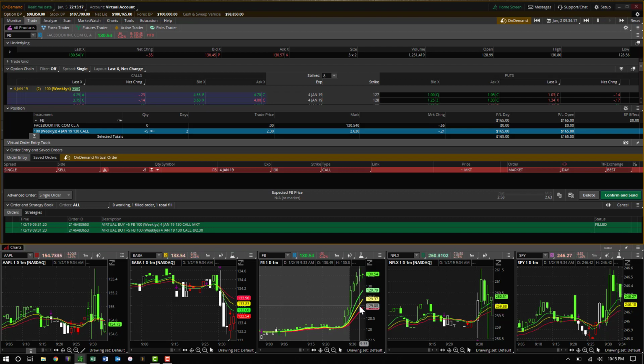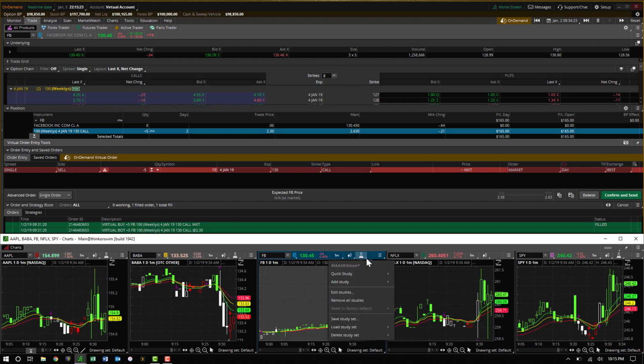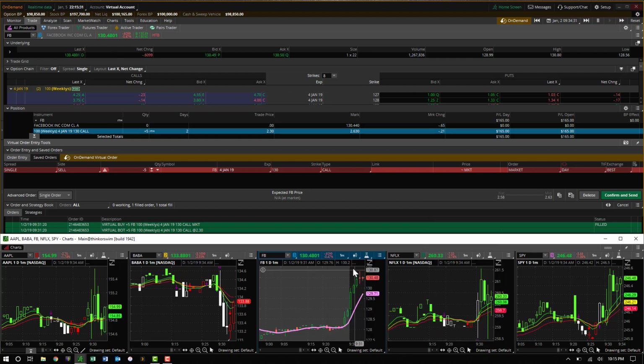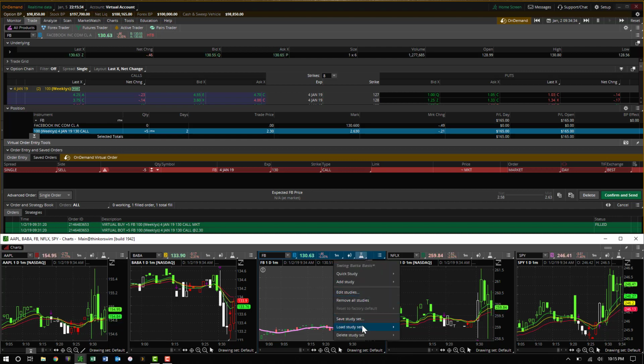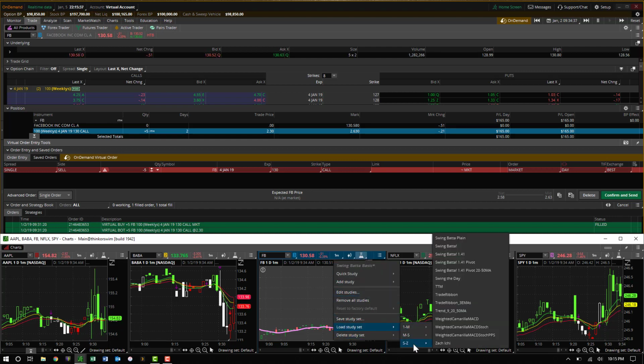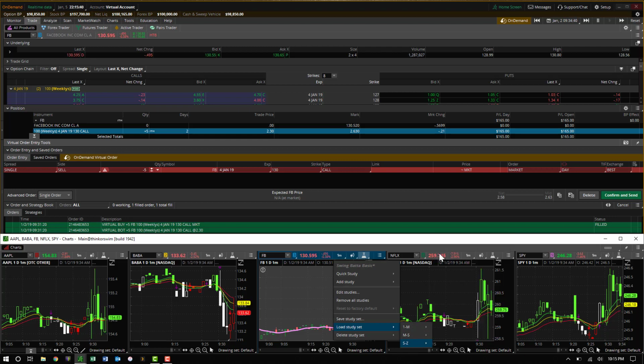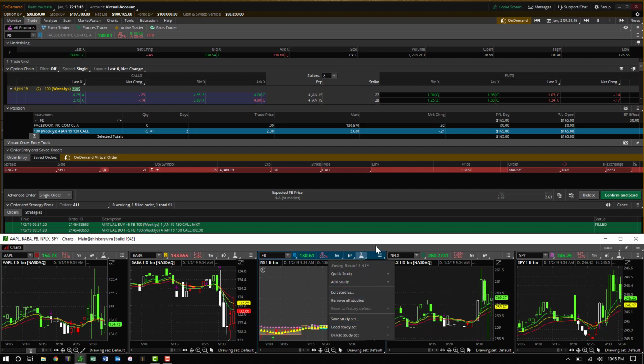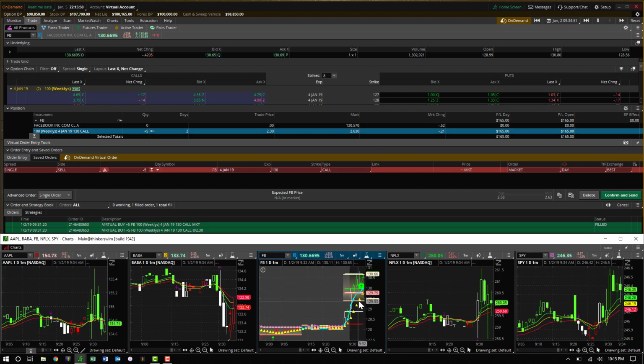Before this, actually, I can probably pull it up. I used, where is it? No, definitely not that one. Oh, there it goes. Just took a second. This is what I used to use. This is basically the same thing. This is an 11 simple moving average.